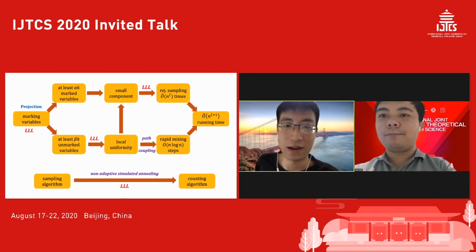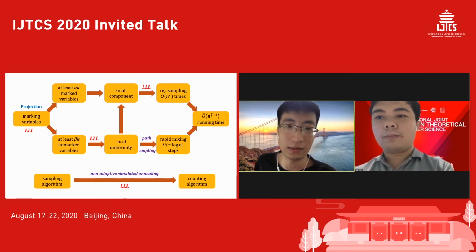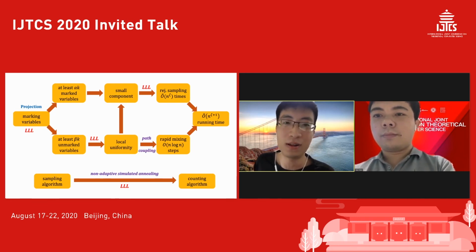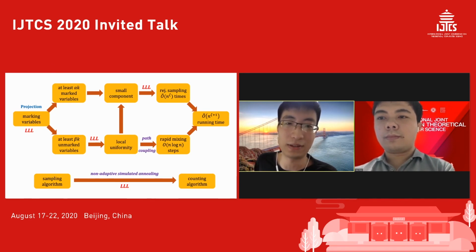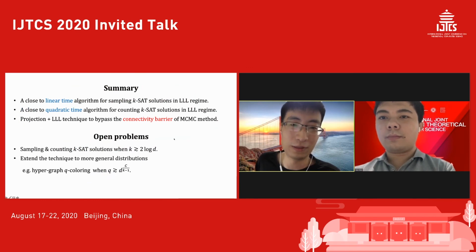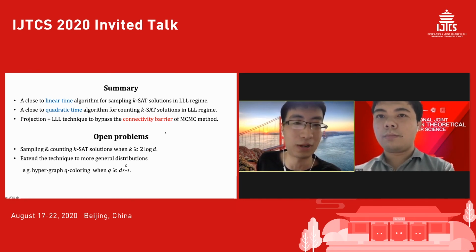But if x violates many constraints, its weight will become very, very small. If x is a satisfying assignment, the weight is 1. So mu theta is defined with respect to the weight w of x. The probability of each assignment is proportional to its weight. Intuitively, if x is a satisfying assignment, it has a high probability. If x is not a satisfying assignment, the probability is very low.